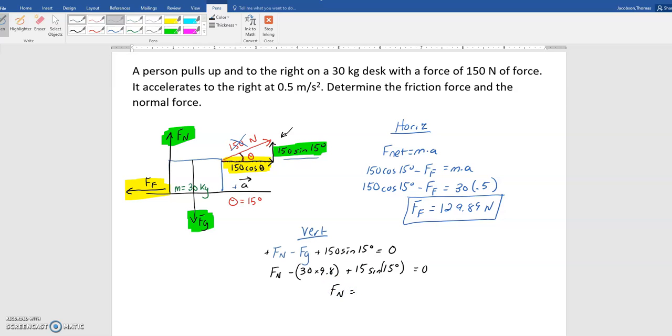And then I'm going to go to my calculator, and I'm going to do 150, excuse me, sorry, that was supposed to be a 150 right there. So 150 sine 15. I'm going to bring that to the other side.